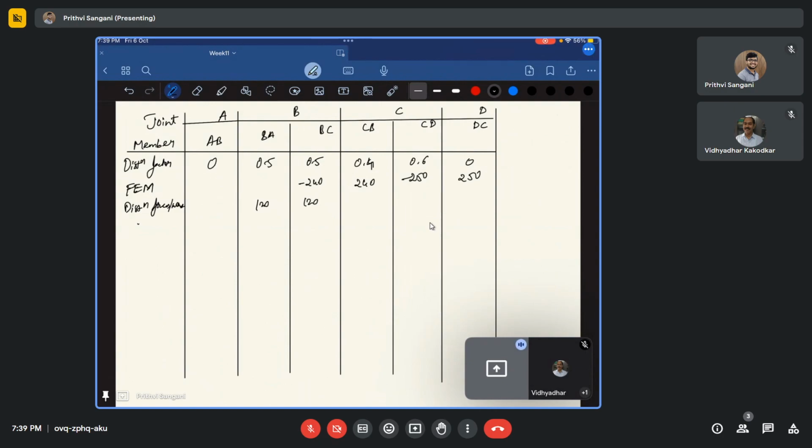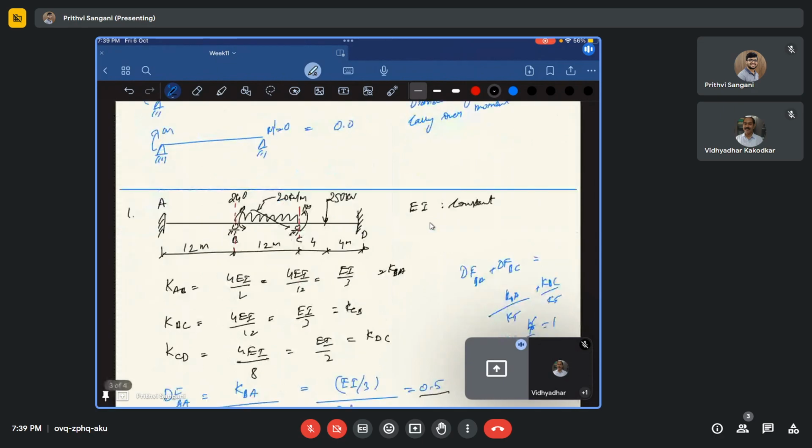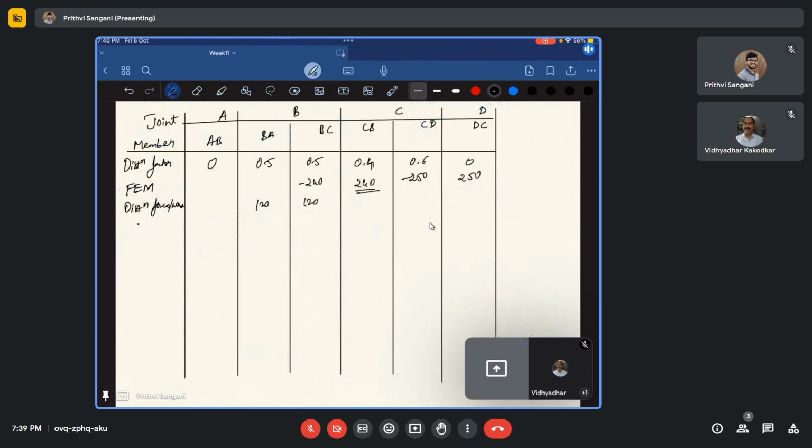to apply a similar thing. Again, you have 240 here. So 240 is going to be distributed. How much is going to be distributed? So we have CB, which is going to be 240.